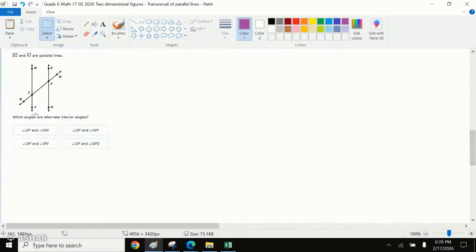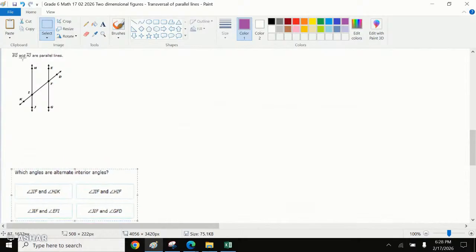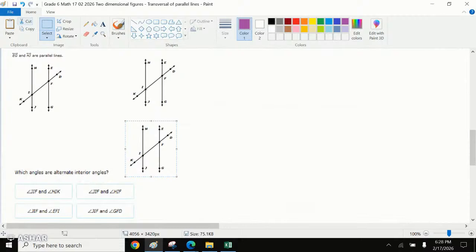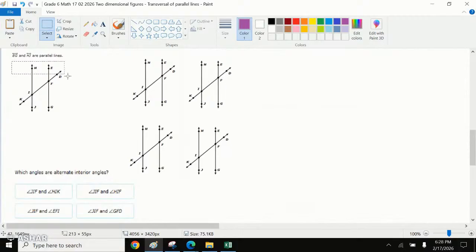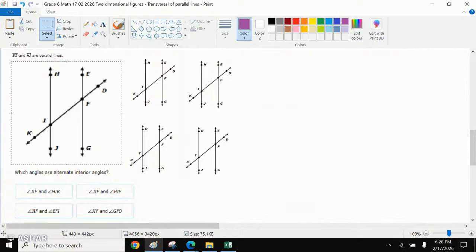If a pair of parallel lines are given to us, these are the 4 options that have been given to us, and they are asking us to find which pairs are alternate to each other. Let's make 4 copies so that we can use them. This is our question number 6. So they are asking us to find alternate and interior angles.